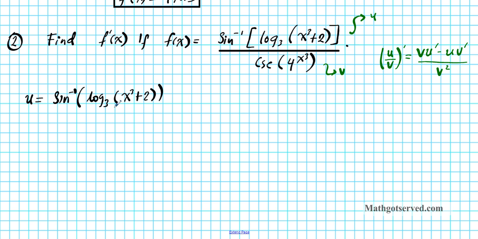We're going to be using the derivative of the inverse trig function for sine, then the derivative of logarithm base b, and then the power rule to differentiate this polynomial function in here. Let's review the formulas we're going to be using. The derivative of inverse sine of x is 1 over the square root of 1 minus x squared.